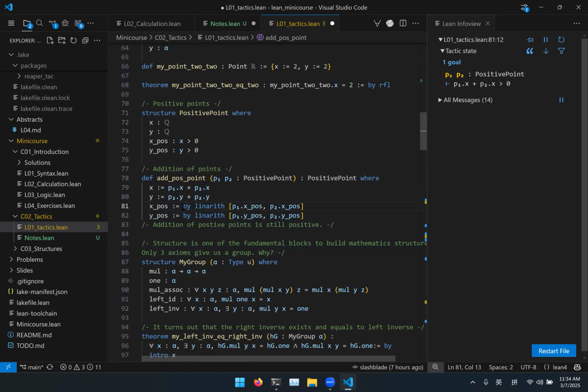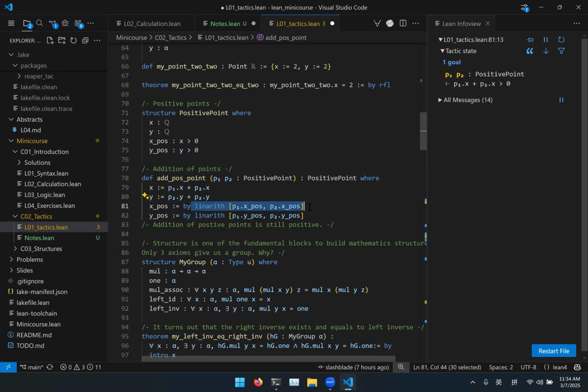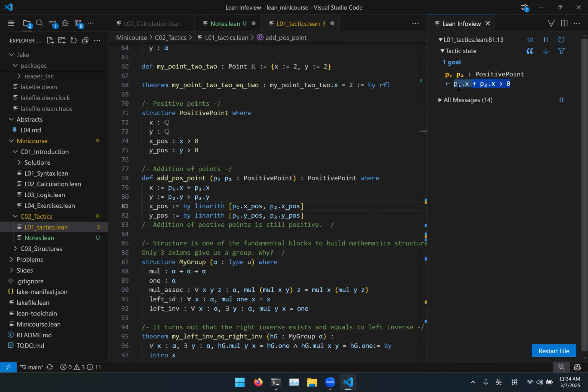And we need to prove that one positive number plus another positive number still yields a positive number. So here we get a second usage of linear arrays. You can specify what lemmas or theorems you want to use in the linear arrays by this square bracket. After this notation, the linear arrays knows that it can use these two notations to do the simplification, and it will help you to finish this code.